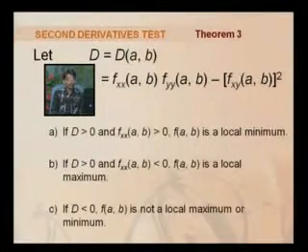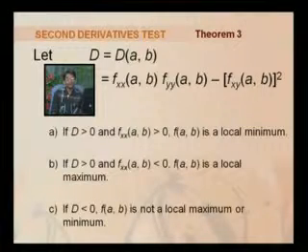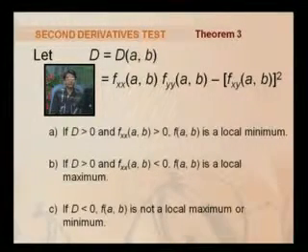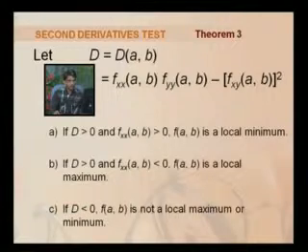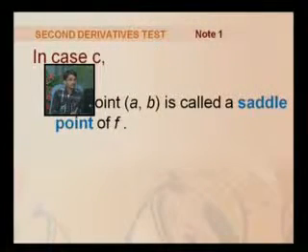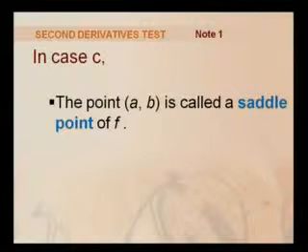This is a very important test to find the local maximum and minimum values. So please note down this test, and you have to use it in most examples to get the local maximum and minimum. Note that in case C, we have already discussed that the value of the function at the point (a, b) is neither maximum nor minimum.